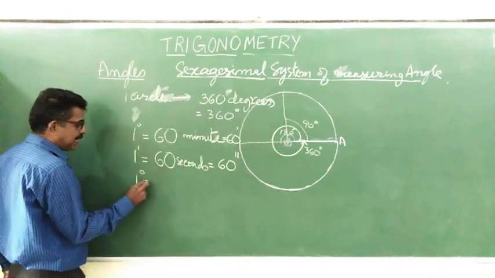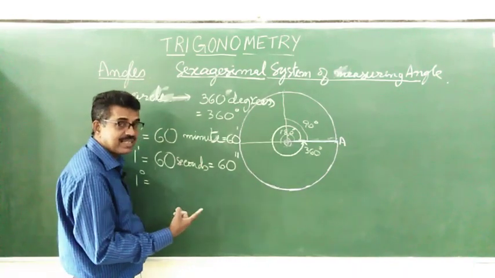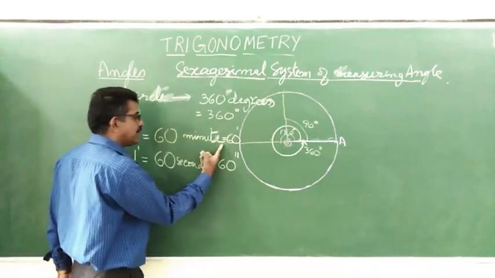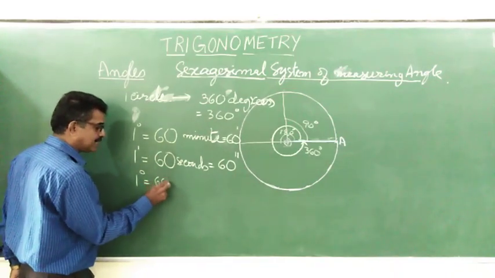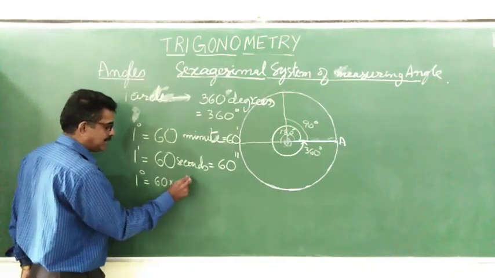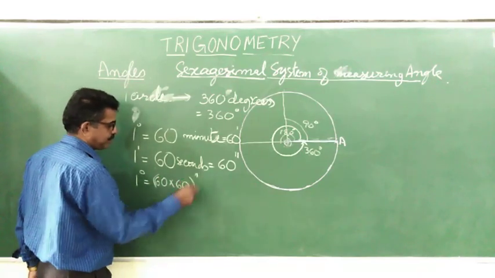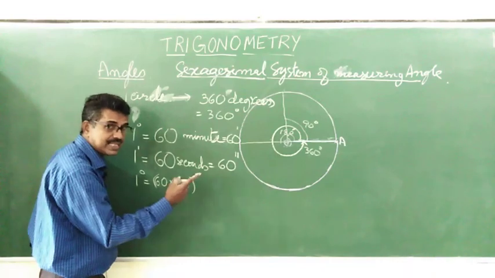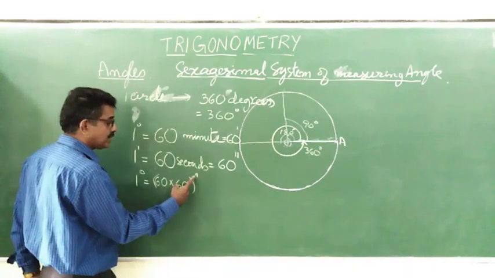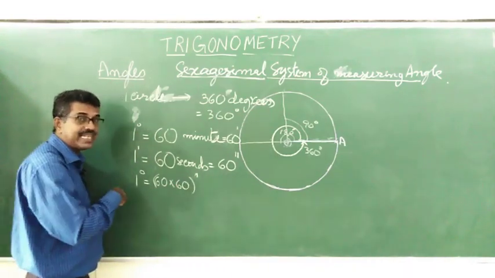Therefore, 1 degree is how many seconds? Because 1 degree is 60 minutes, each minute is 60 seconds. Therefore, 1 degree is 60 into 60 seconds. 60 into 60 is how much? 3600. So 1 degree is 3600 seconds.